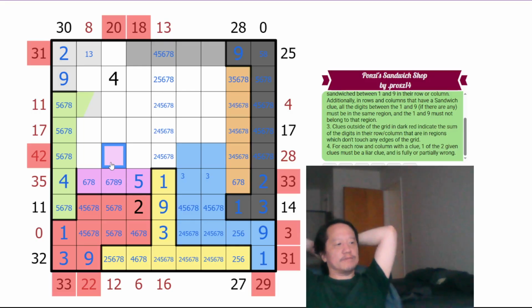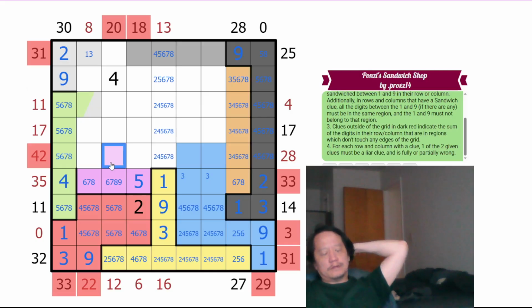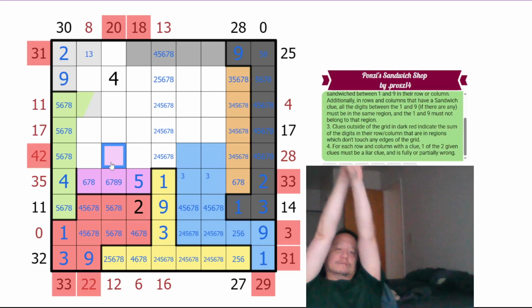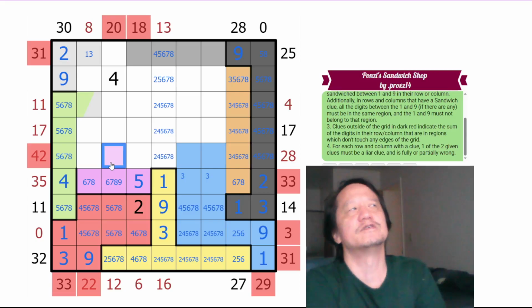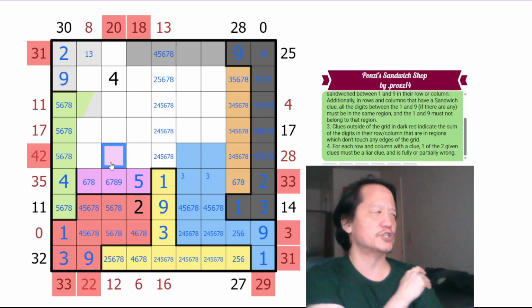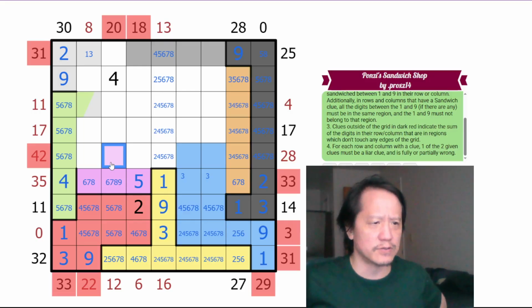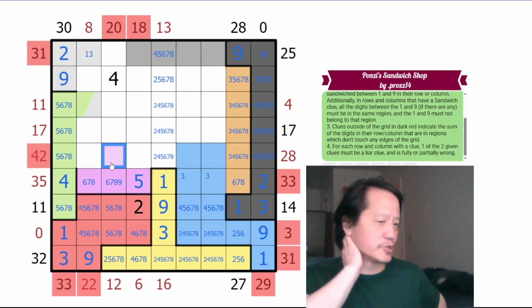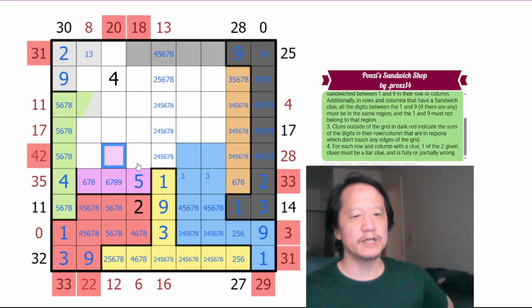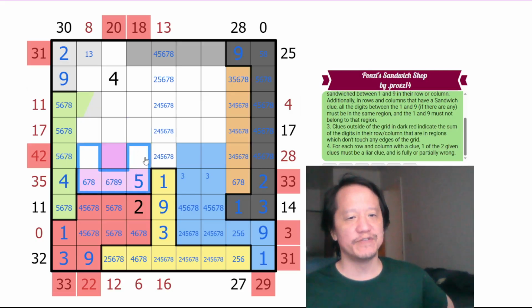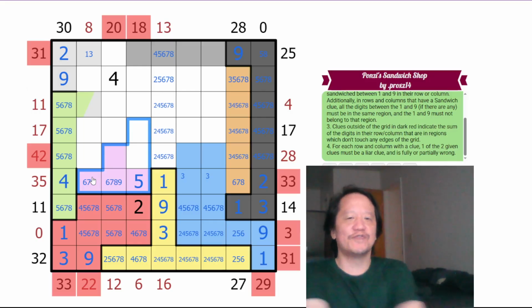And we have 5 and 1. It could be 3 digits. Technically, it could be 7, but no, it can't be 7, because 7 unique digits can never add up to 26 or less. It has to add up to 28 at least. So this is 6 pink digits at most here. It could be 5. It includes 5 and 1.